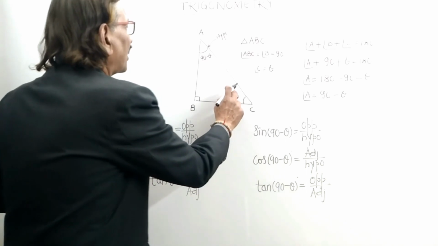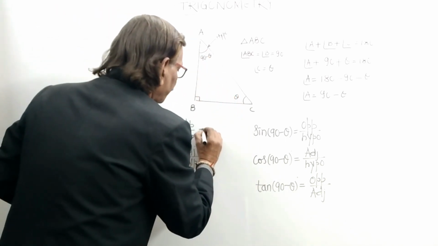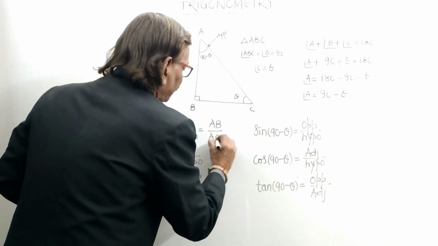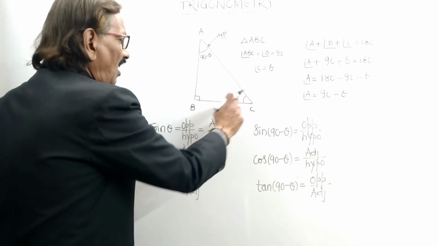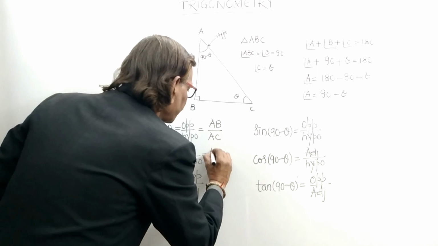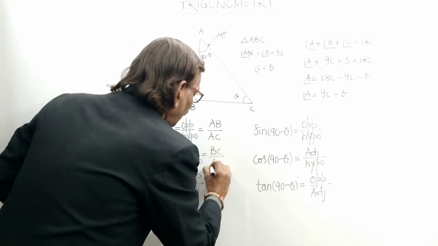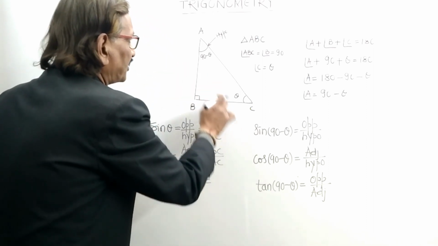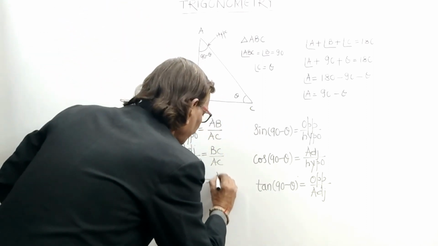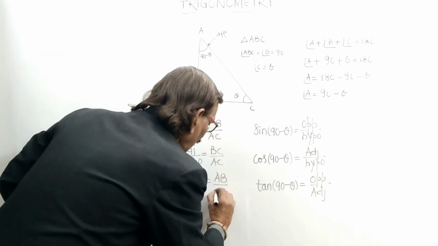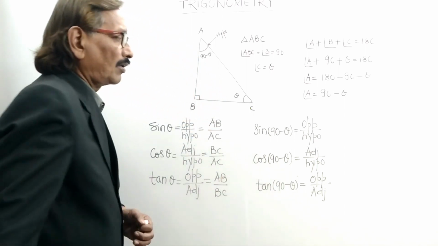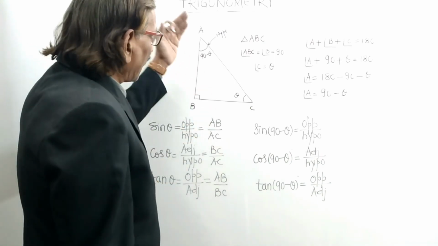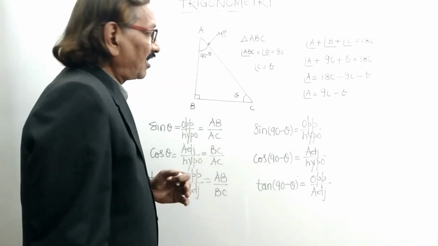So here sine theta is opposite, that is AB, and the hypotenuse is AC. Cos theta adjacent BC upon AC. Tan theta is opposite upon adjacent AB upon BC. When we consider this angle now, that means angle A, 90 minus theta.